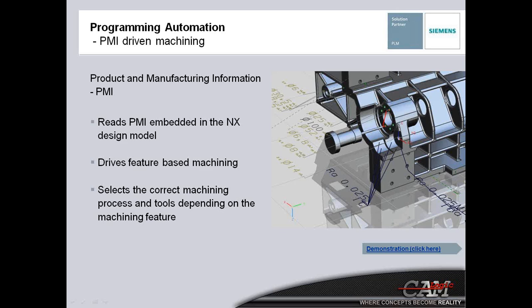We can look for surface finish, dimensional and positioning tolerances as data that could affect the selection of the machining process and tools. For example, a different level of tolerances could mean that we need to select a different machining method, or perhaps grab different tools to accomplish the machining process. And again, with that, we'll show a quick demonstration of how PMI and NX CAM can work together.